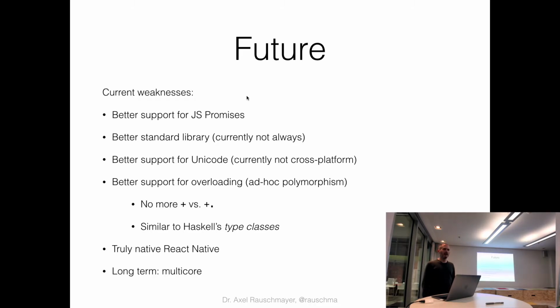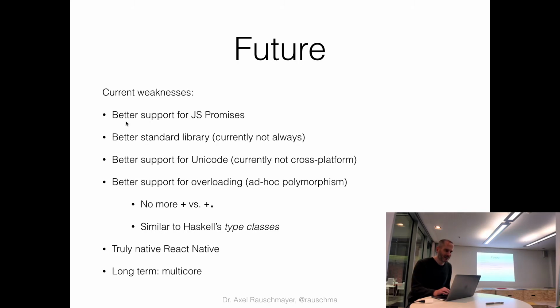But I think in a few months that will change. And once all of these pieces are in place, then it's going to be a really compelling solution. And if you already start programming with it now, you will have a head start compared to the other people who will come in later. And I think there will be a lot of them.